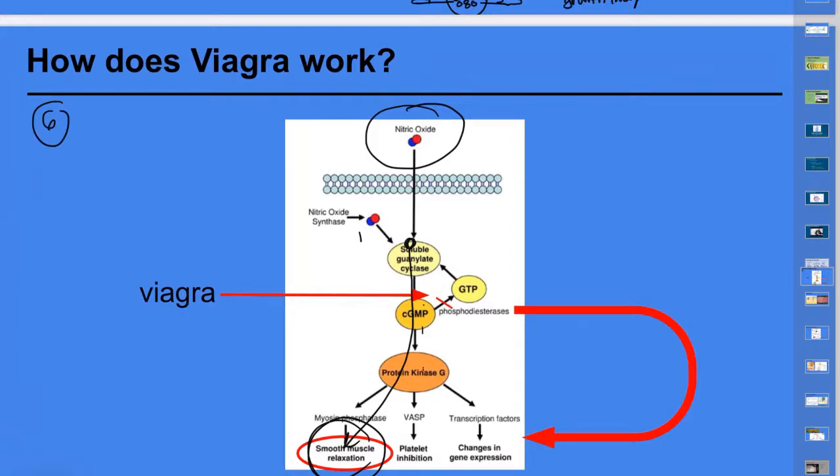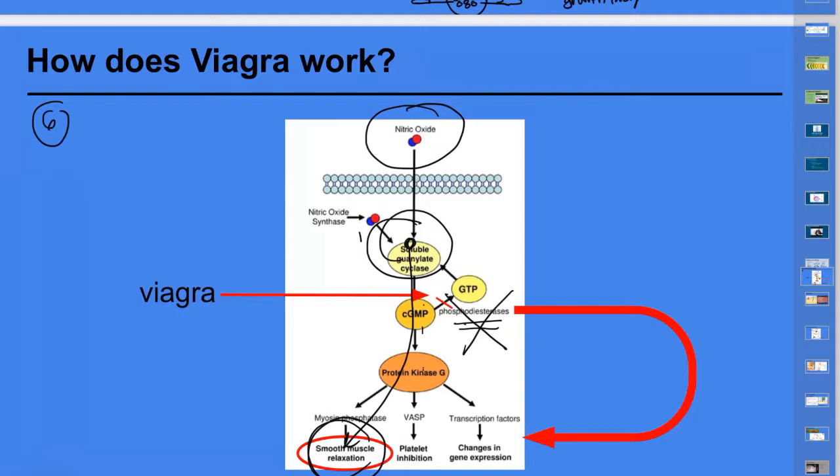So this is the pathway that we're looking at right here. This is the phosphorylation cascade part of it. Here's the signaling molecule, the signal, and it diffuses right through. It has an intracellular receptor right here, and then this whole pathway is going to happen. These phosphodiesterases are also intracellular enzymes, and they turn the cyclic GMP back to GTP, and then the muscle contracts again.